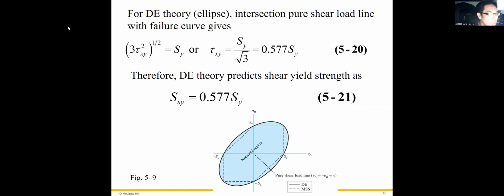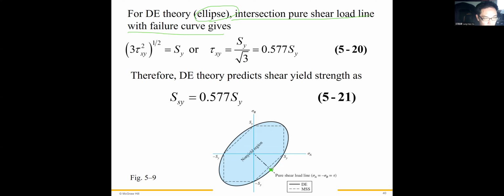So for the distortion energy method, the DE method, which is the shape of the ellipse, the intercept of the pure shear loading line and the failure curve, you can still use the same method. We have the intercept with the ellipse shape right here, right?